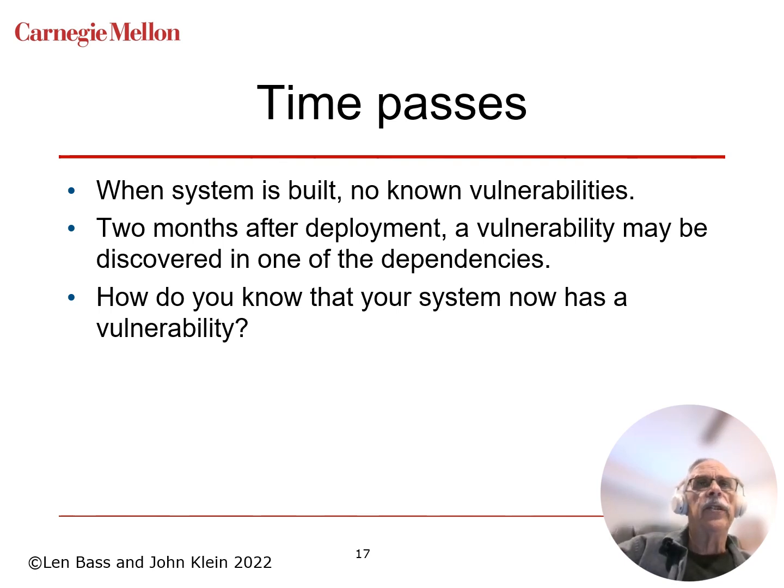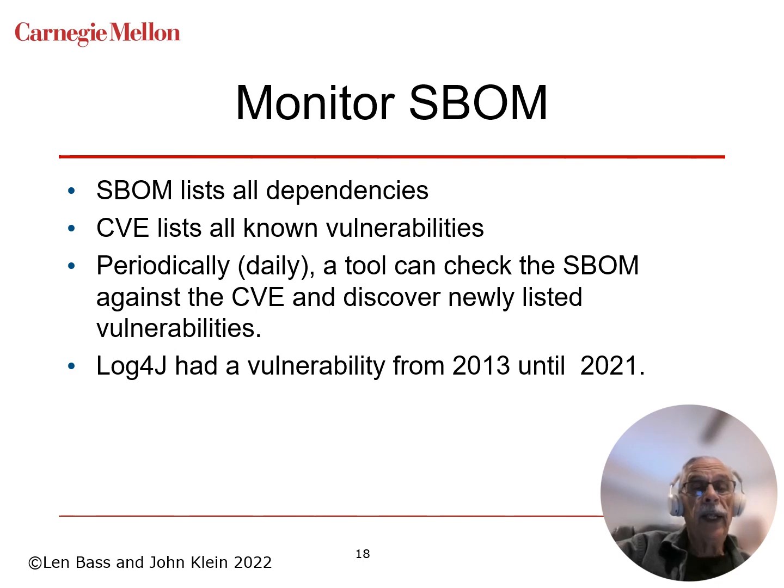And so there are scanning tools that will look at the SBOM after it goes into production and find if any vulnerabilities have been discovered in any of the software that you used. And if it does, it'll tell you. So it monitors it. And this scanning tool should run periodically, maybe once a week, something like that.